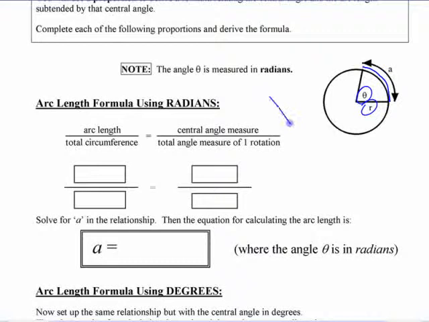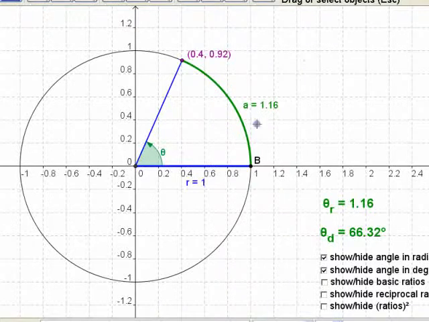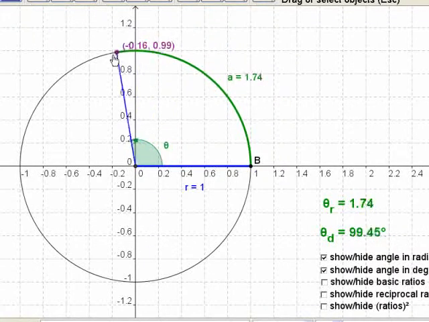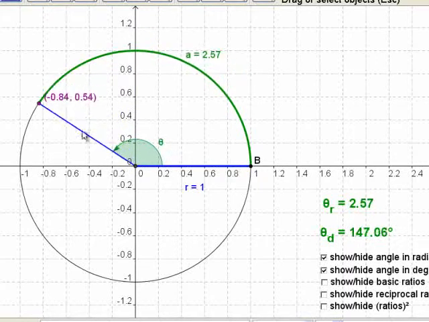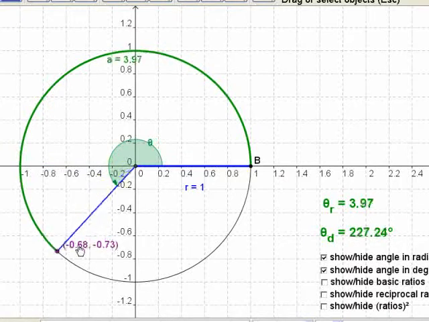I would like you to try and look at that and try and fill some things in here and think about how the length of this arc is related to the radius and this angle, whether it's in degrees or radians. In both cases, the longer you make the arc, the bigger the angle is, or vice versa. The bigger the angle is, the longer the arc is.